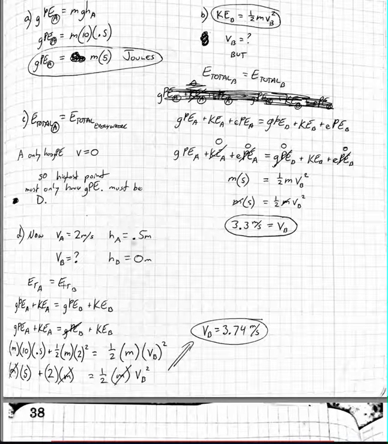The total at A is the total at B. Types of energy that they could have, and there's no spring, so I just left it off. There's no gravitational at B because you're at a height 0. Put in my numbers, and notice again, m, m, and m. So you divide by m on both sides, and those cancel out. You get a velocity of 3.74 from that answer.